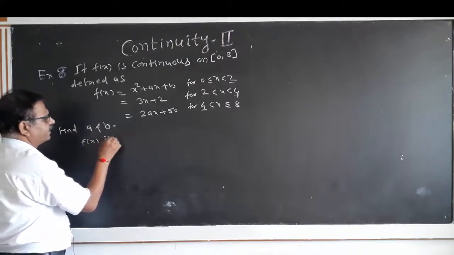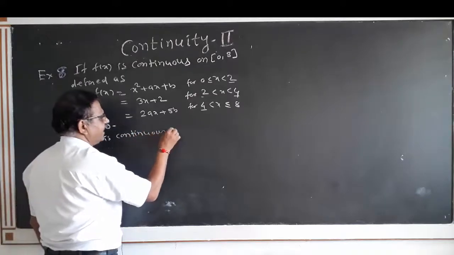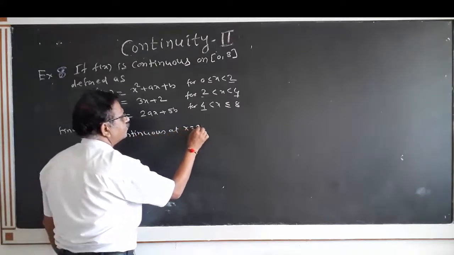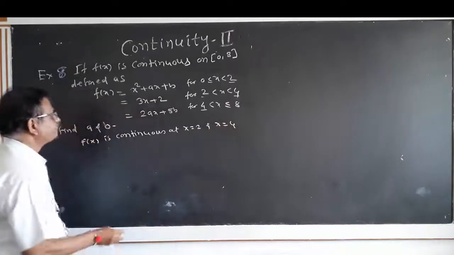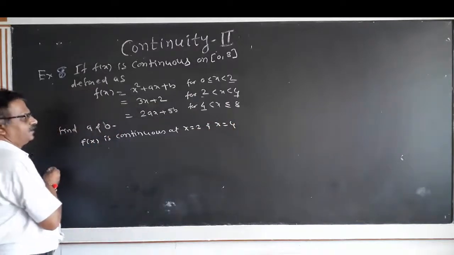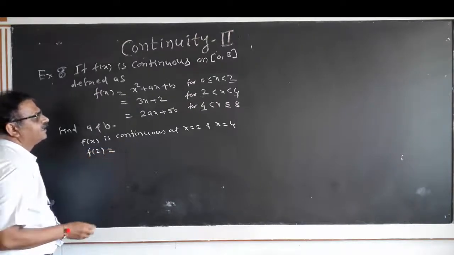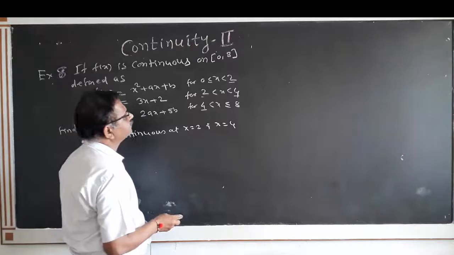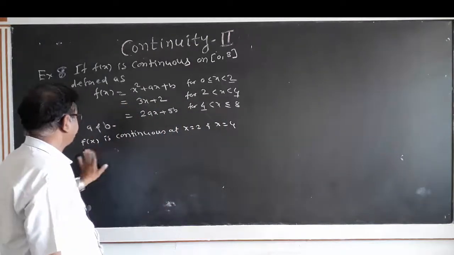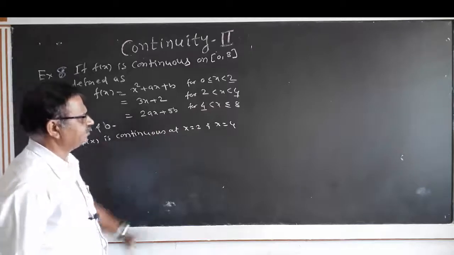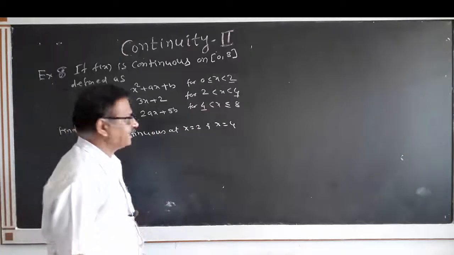f(x) is continuous at x equal to 2 and x equal to 4. At x equal to 2, the value cannot be found out. We cannot find out f of 2. Therefore, its left hand limit must be equal to right hand limit.